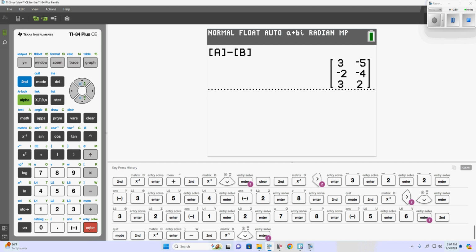Hang on, let me restart. You're good. How do you restart this? So second matrix, and then go over to edit. And then instead of staying at the top one at A, go down to B. This would be our answer.